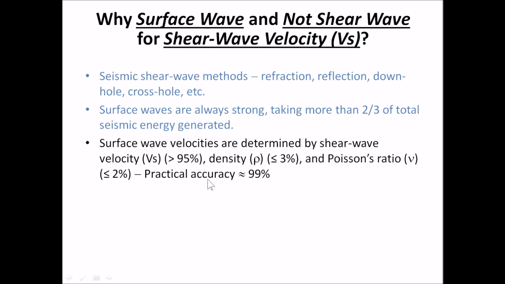So from this relationship, one may assume estimation of shear wave velocity by using surface wave will have only about 95% accuracy, but that's not true, because in reality, we know very good approximations for density and Poisson's ratio. So actual accuracy of surface wave method to evaluate shear wave velocity can be as high as 99%.